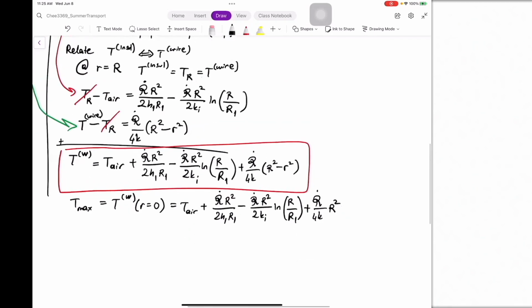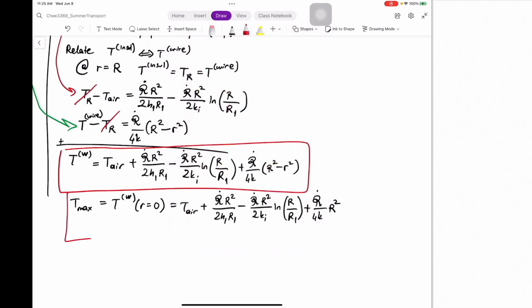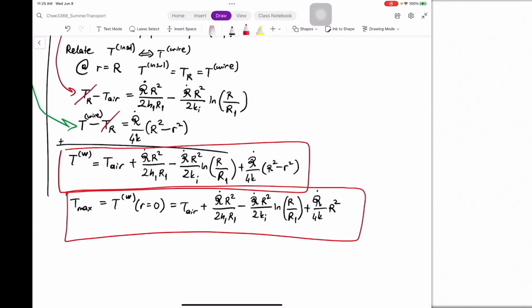That's the maximum temperature of the wire. Okay. So any questions so far?